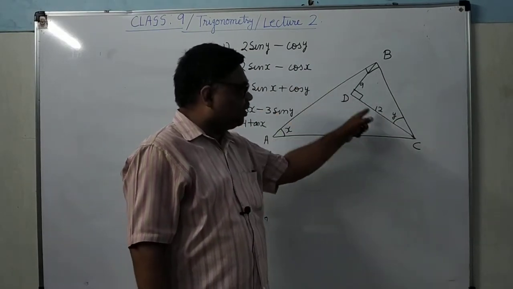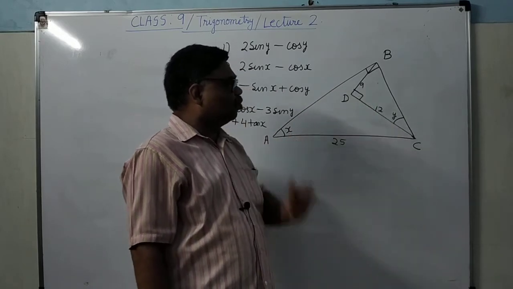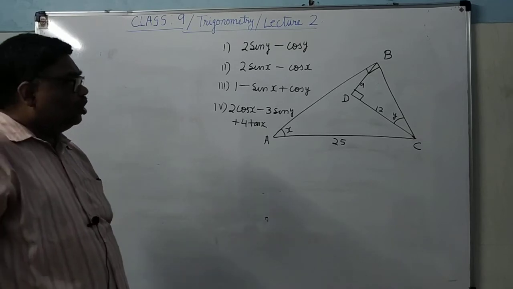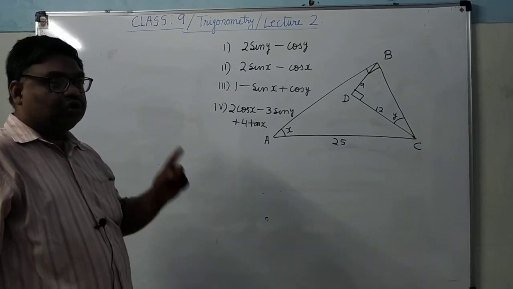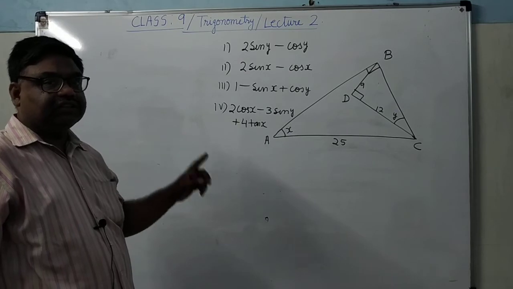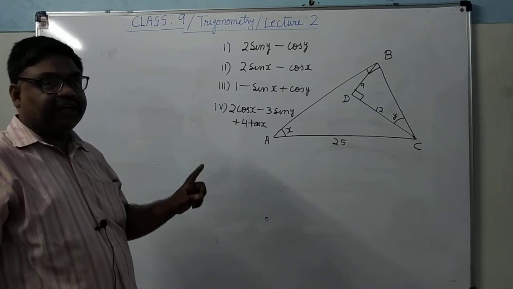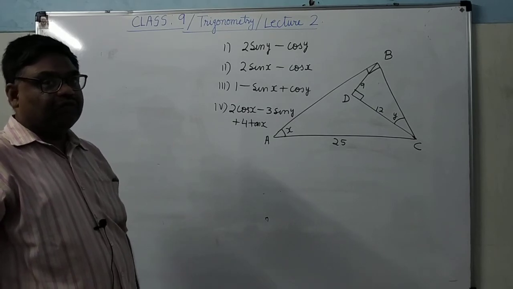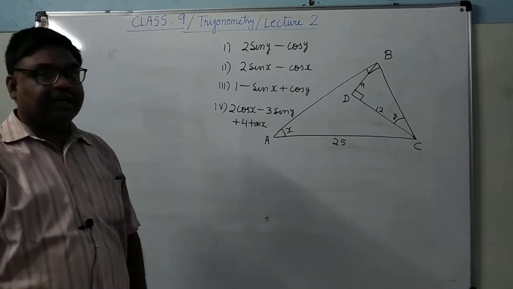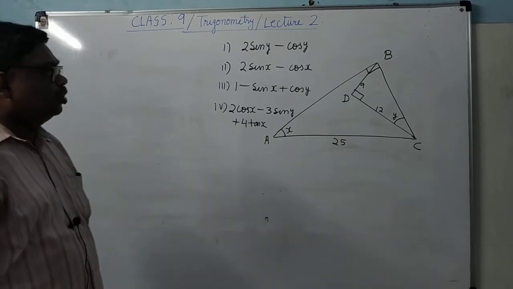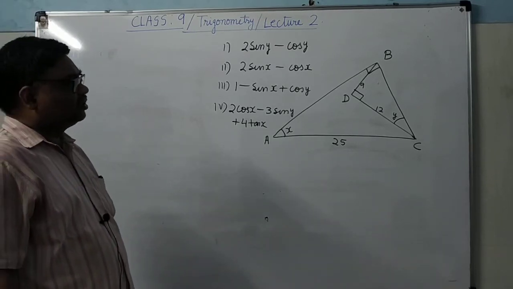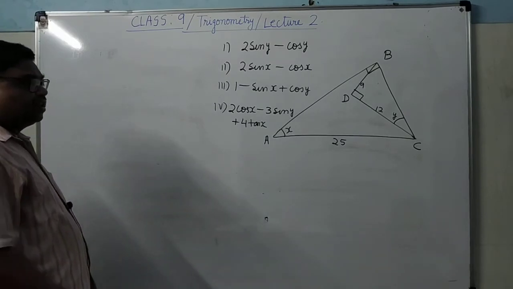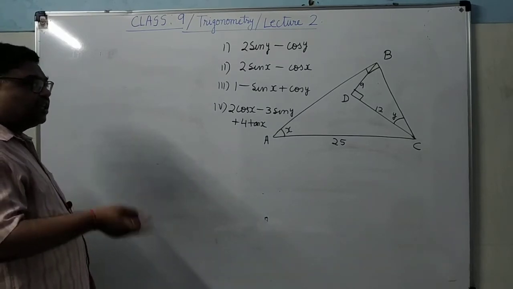But in triangle BDC, two sides are known. You will always start from that right angle triangle in which two sides are known. So I will start from triangle BDC. First you find all the three sides.